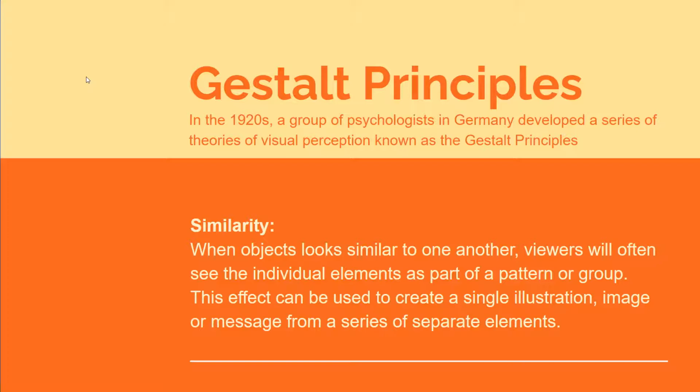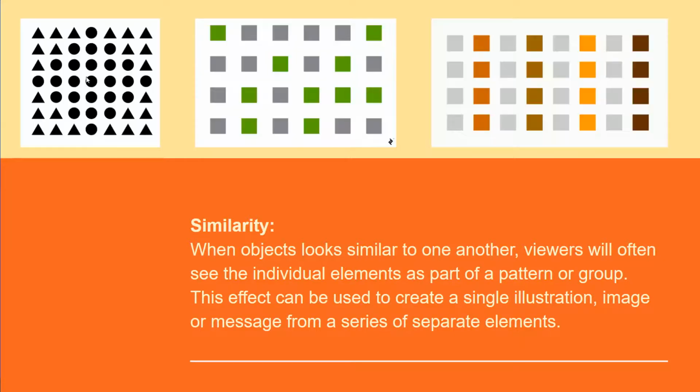When objects look similar to one another, the viewer often sees the individual elements as part of a pattern or group. Okay, so that is so obvious. When you look at the shapes on the left here, you definitely define them by shape. You can see a group of circles and a group of triangles.